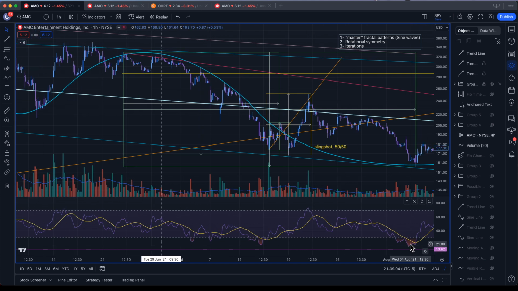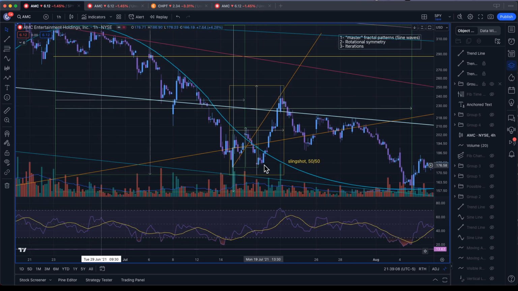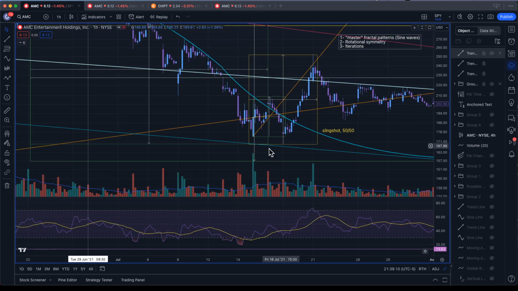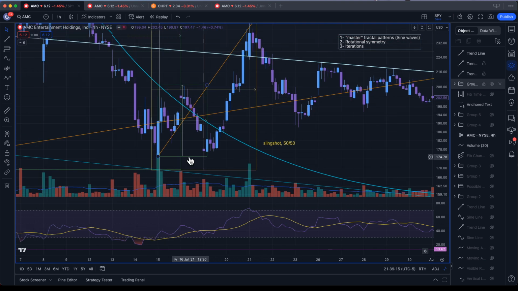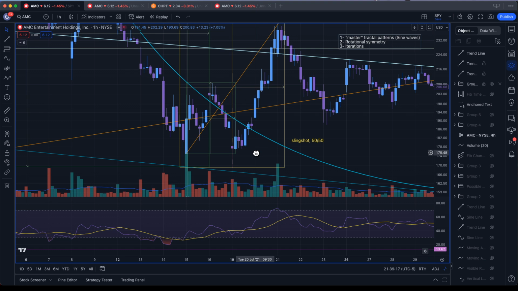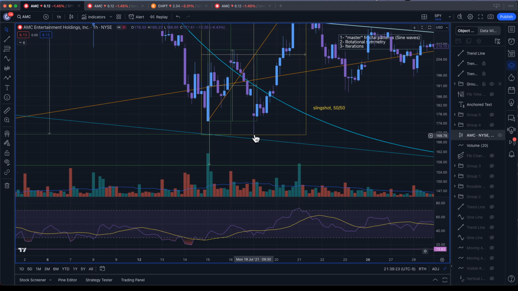So I'm using things like RSI to help me determine where certain things are. But the main point is that when you get down to the nitty gritty of it, this main structure here from the first bottom to the top, it creates not the second bottom. The second bottom is actually the lowest. That's the one that happens right here in July. The first bottom up to the top, using that middle, right?